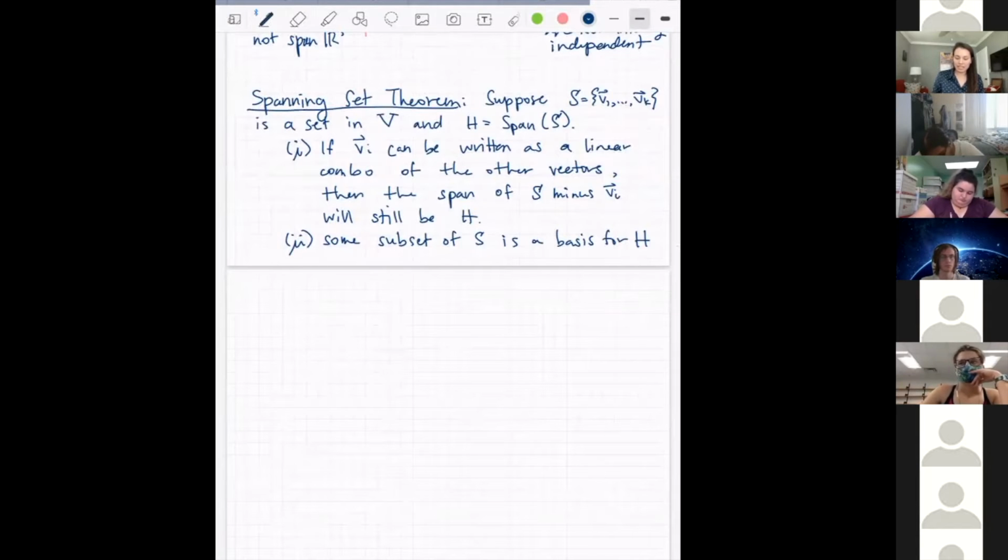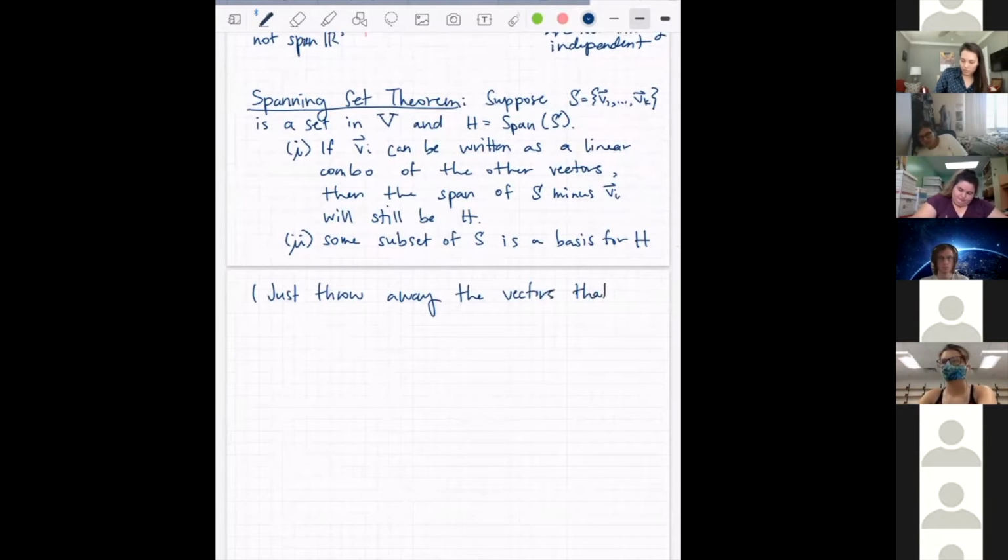And the idea is that you just throw away the vectors that can be written as linear combinations of the others.